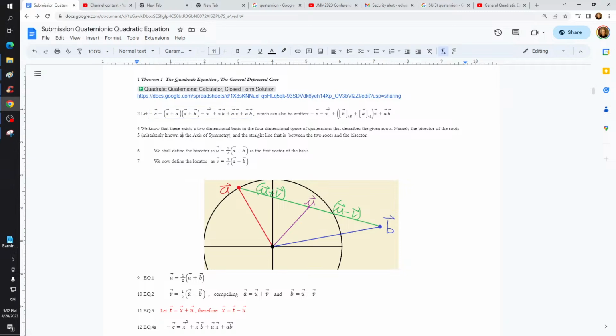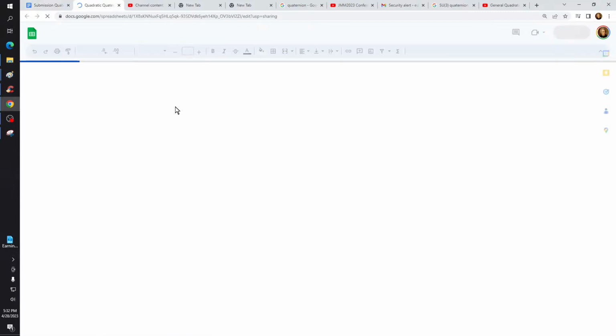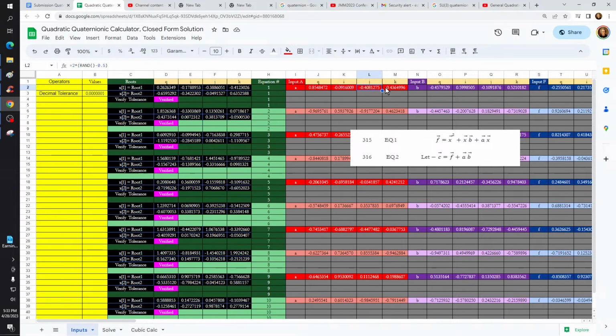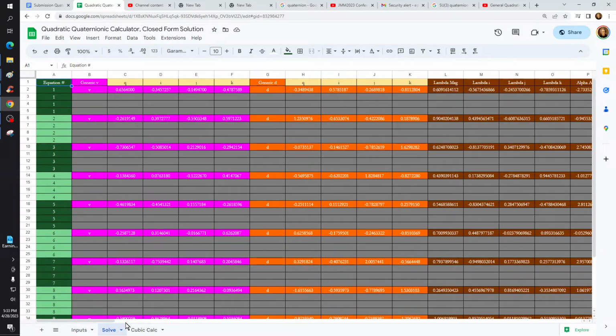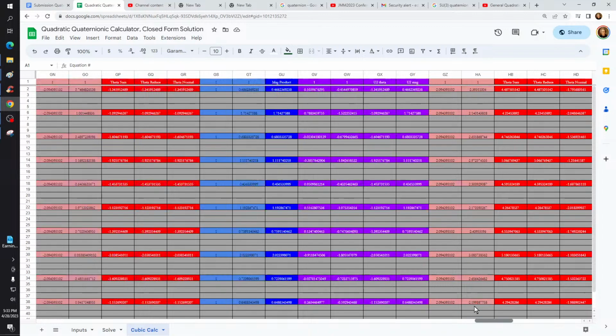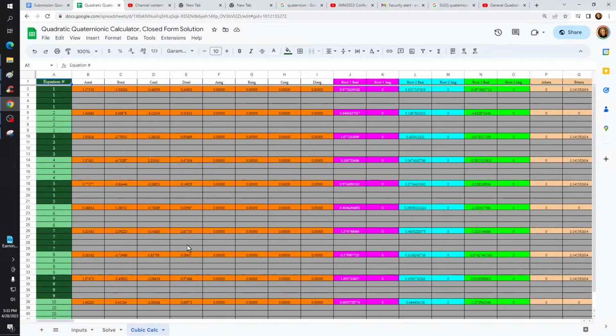Just to show you real quick, so you know this is not a waste of your time, here are randomly generated inputs for a, b, and f, and here are the roots, okay? This closed form solution goes through the whole process, then uses the cubic equation calculator over the reals, and gives me my roots.